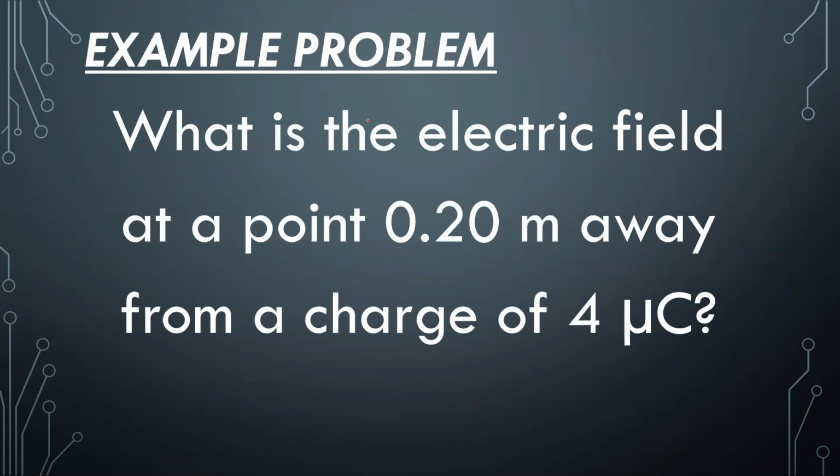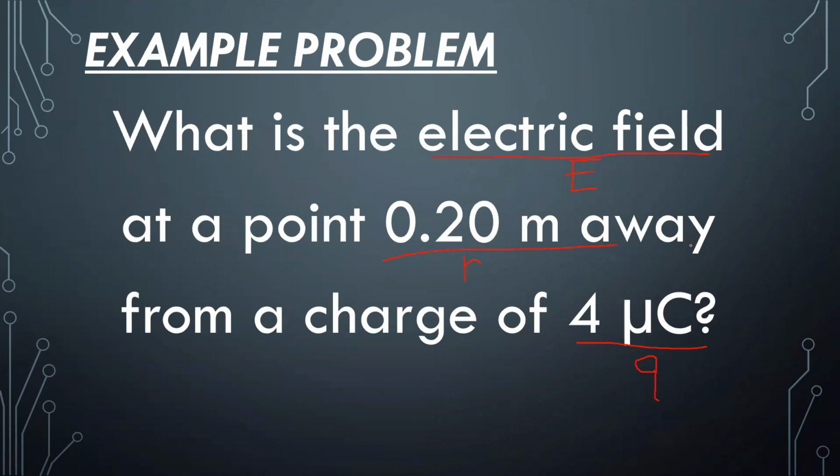What is the electric field at a point 0.20 meters away from a charge of 4 microcoulomb? So we are looking for the electric field, which is E. The distance is 0.20 meters, and the charge, our Q, is 4 microcoulomb.